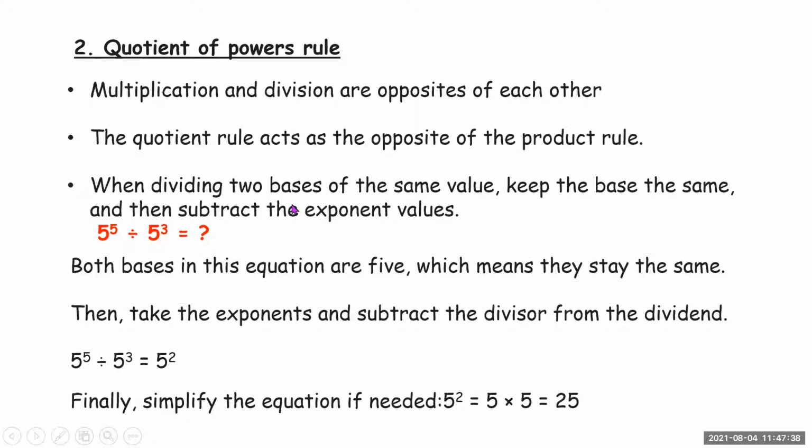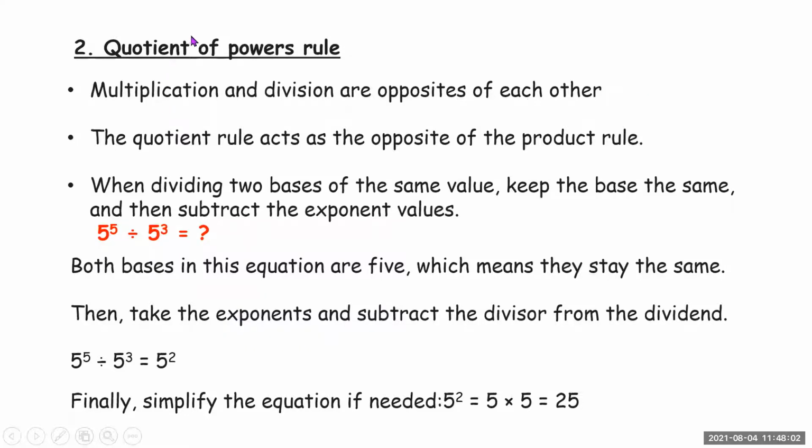The next rule is the quotient of powers. Last time we saw multiplication; this time it will be division. Division is denoted by quotient, so this is the quotient of powers rule. Multiplication and division are opposite to each other, that we know.